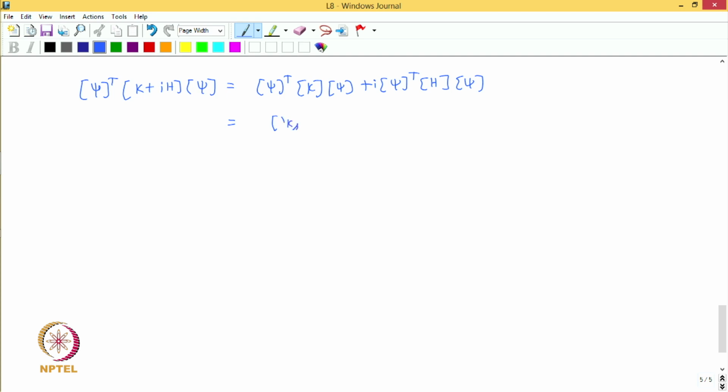So, this is nothing but Kr, the modal stiffness of the corresponding undamped model, plus i times another diagonal matrix, the matrix of damping coefficients, that is Hr.